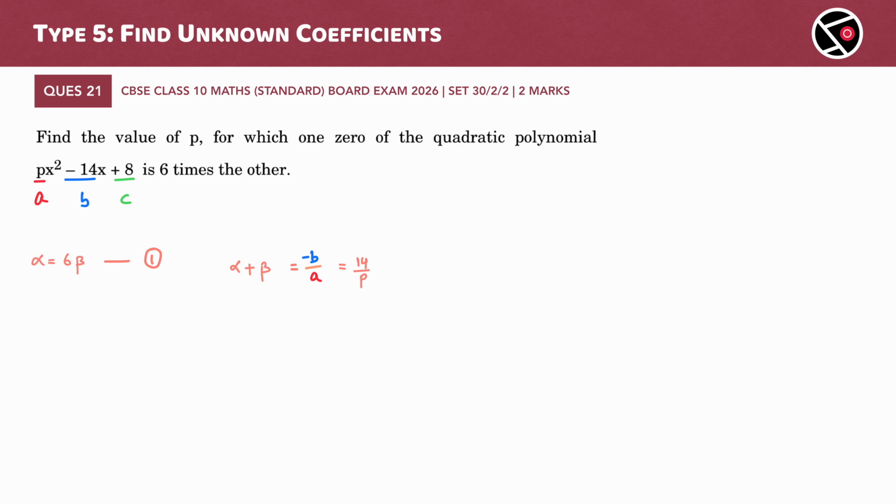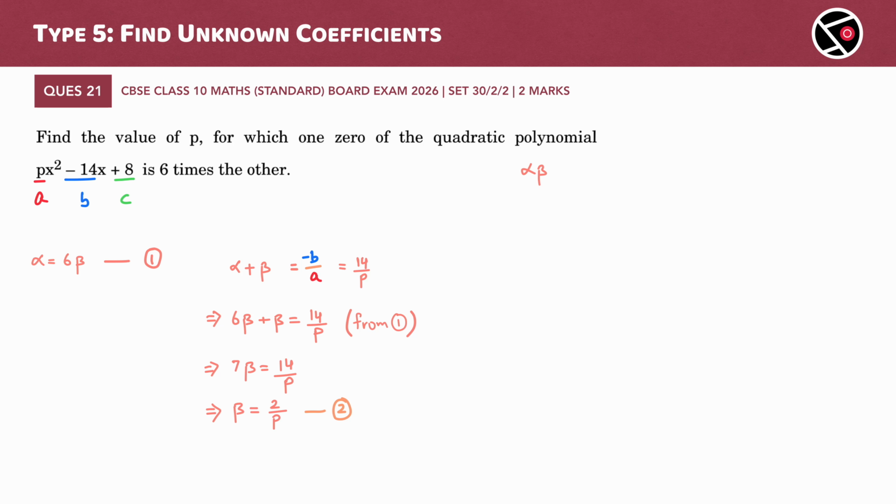We replace alpha with 6 beta. 6 beta plus beta equals 14 over p. 7 beta equals 14 over p, or beta equals 2 over p.